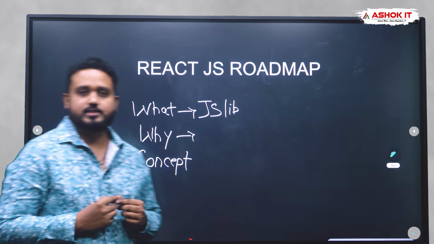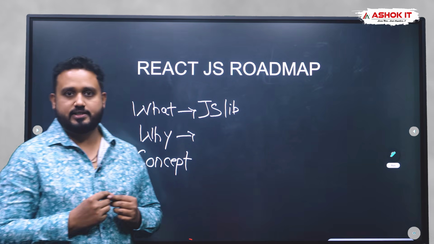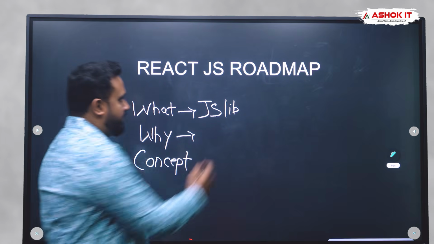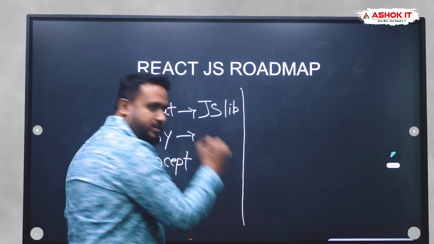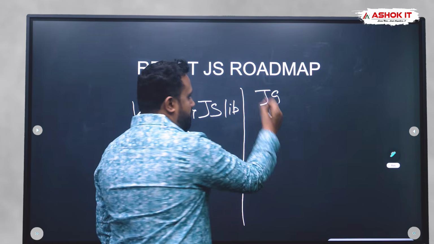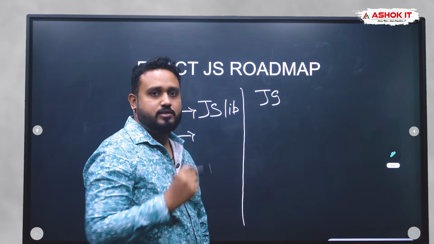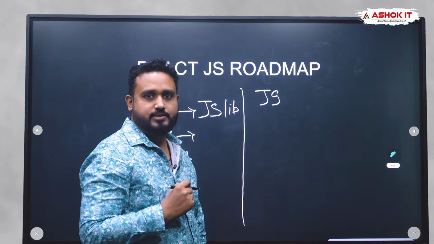Now, let's try to understand what concepts we have to learn so that we can become a ReactJS developer. First we have to start with JavaScript fundamentals. We have to learn concepts like variables, control flow statements, loops, operators in JavaScript.